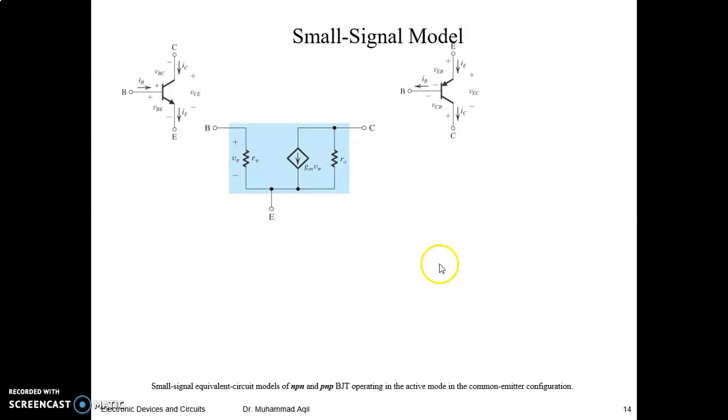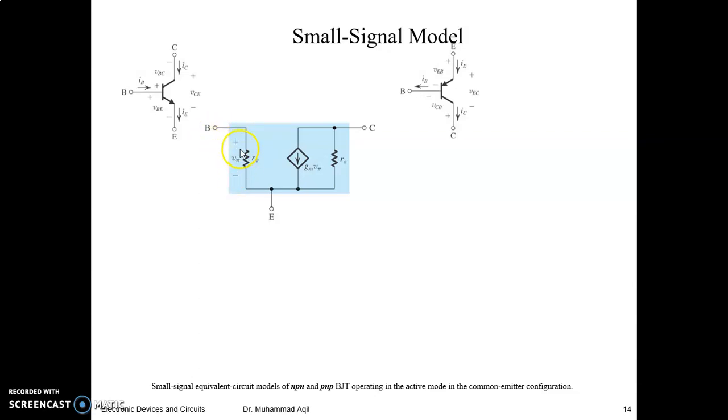Let's start the small signal modeling of the PNP transistor. Remember, we did the same thing for the NPN transistor, right? So this is the pi model. The base to emitter junction is replaced by a resistance because of the small voltages, small AC signals.